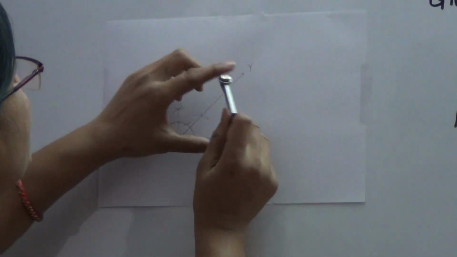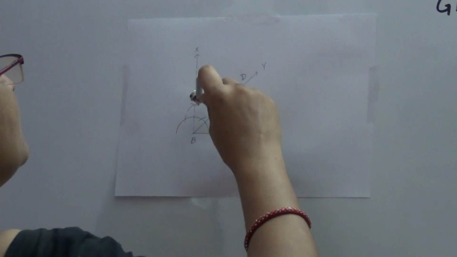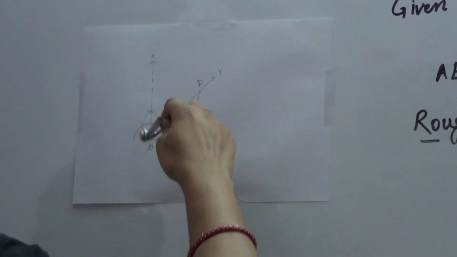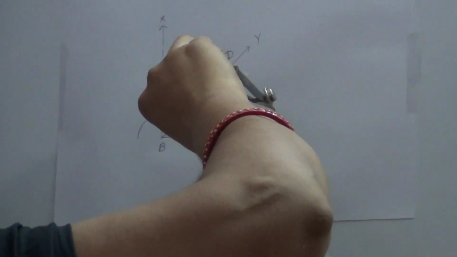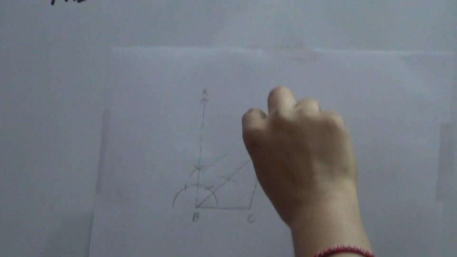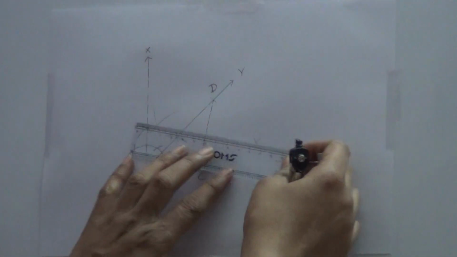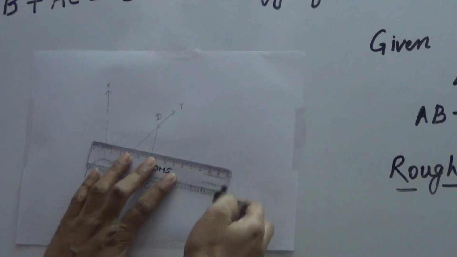So in order to draw the perpendicular bisector of CD, we need to take the distance between metal end and pencil more than half of the line, and then keep the compass on the other end. This all of you know, it has been taught to you in earlier classes also. Now we have got these 2 points which we will join to get the perpendicular bisector of the line segment CD.